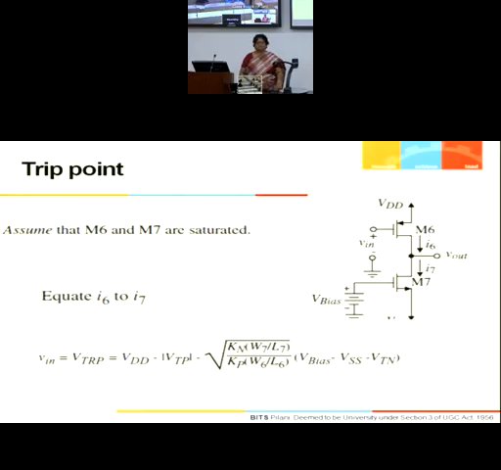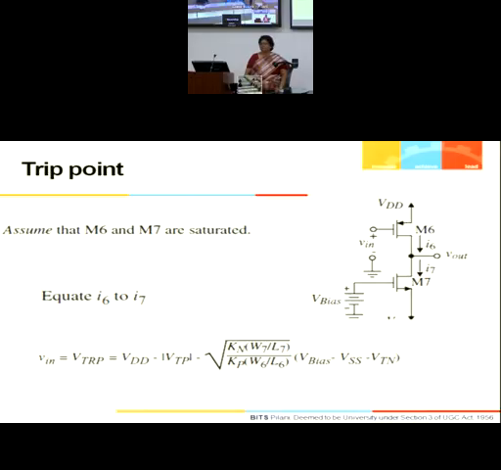So at this point, both transistors, upper and lower, are in saturation state. So we equate the two currents. Remember, this is how we find the expression for the switching threshold. The same method we will employ over here. So we take M6 and M7 to be saturated, and then we find an expression for I6 and an expression for I7, and then we equate them together.